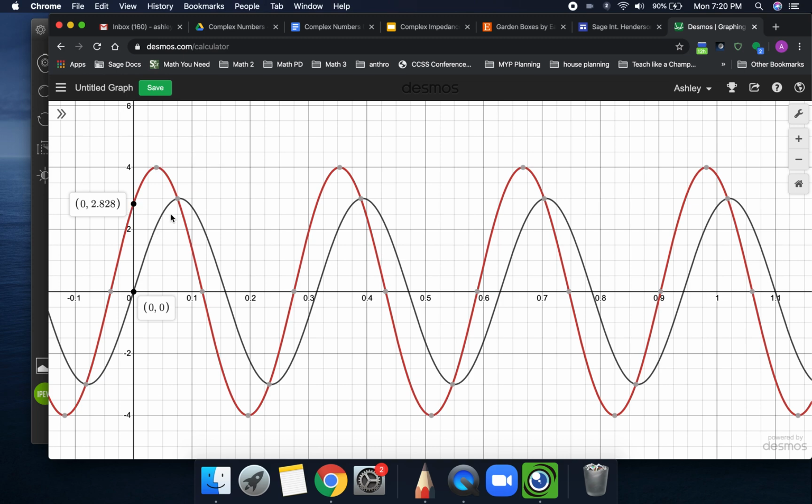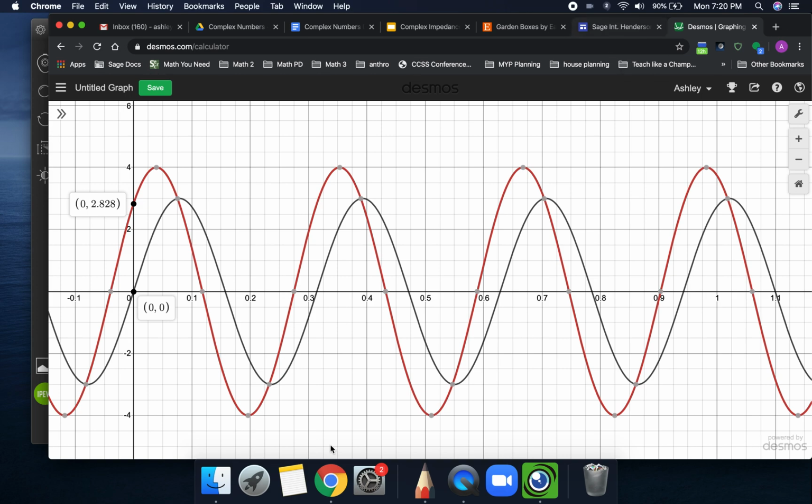So if I add the y values for any corresponding x value, what would be the new y value? And it's not as easy as you'd think it would be. It's not like you can just add pi over 4 and make it work.